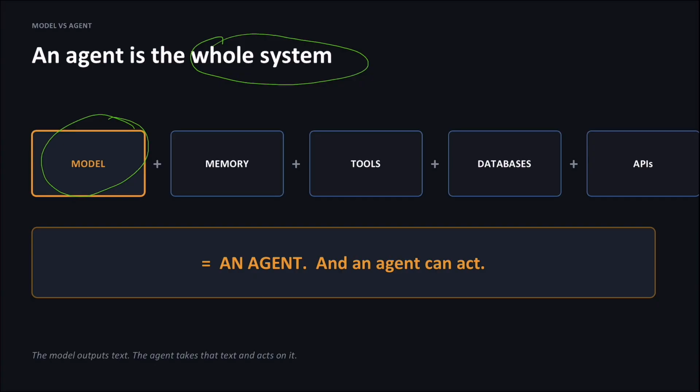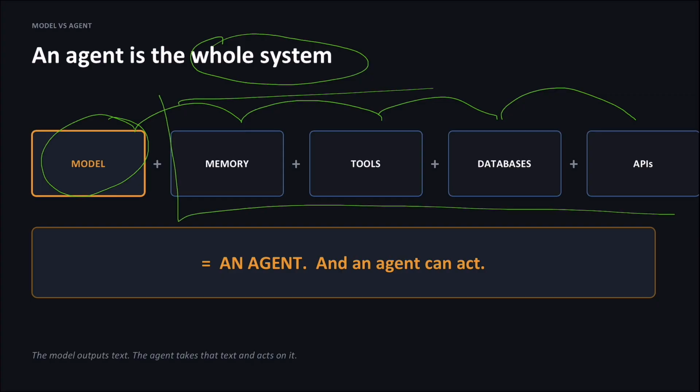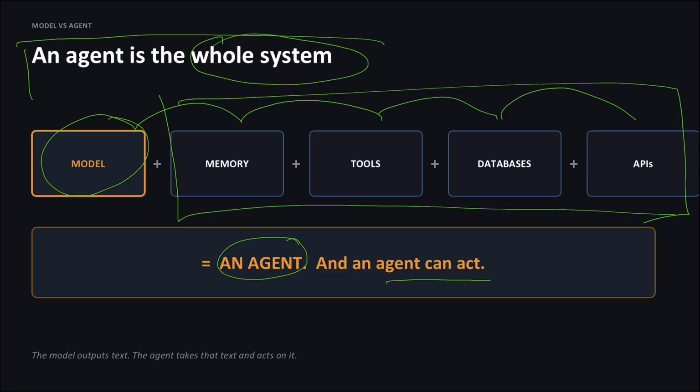But if you combine this model with memory, tools, databases, and APIs, and someone connecting to all these entities and performing some action, that is called an agent. An agent is some entity which can act, which can take an action.